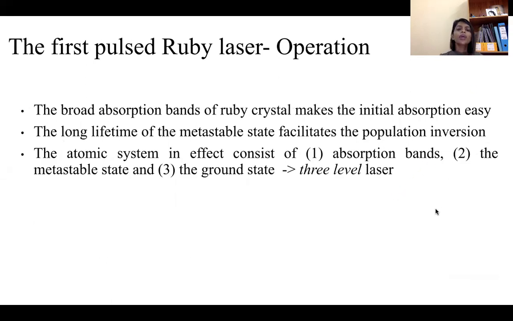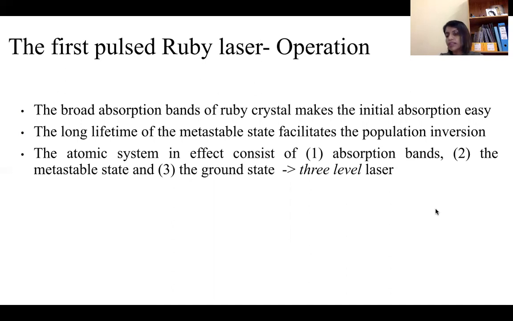Here, the broad absorption bands of the ruby crystal make the initial absorption easy. Not only a single wavelength is absorbed, it absorbs two energy bands. One is in green energies, one is in blue energies. So we can excite the electrons in multiple ways by providing blue light and by providing green light.